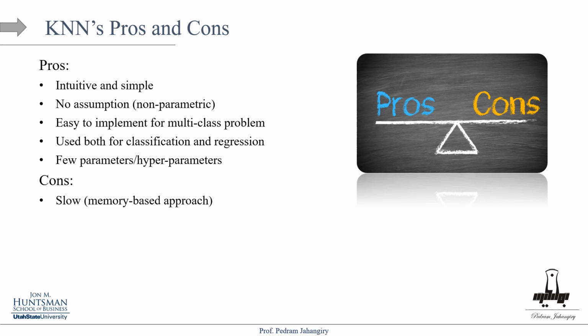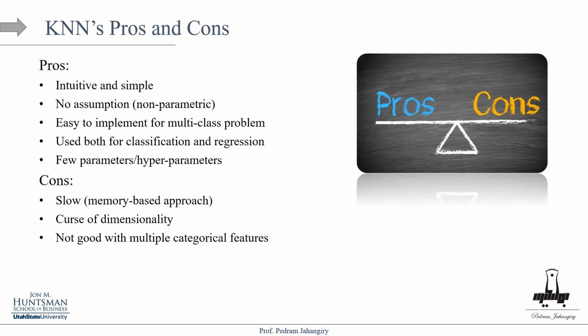So these are the advantages. In terms of disadvantages, we know that KNN is slow, since it's a memory-based approach. This means that to classify new data points, the KNN algorithm reads through the entire data set to find the k nearest neighbors. We talked about this lazy learner aspect of KNN. The next disadvantage is the curse of dimensionality, and we saw that especially in regression analysis, when the dimension of the data is not that large, basically only 10, KNN is not even beating the simple OLS regression model.